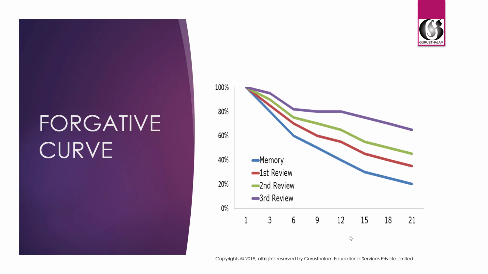This shows us how fast we forget information if we don't repeat it. I made up the numbers just to give you an impression of how your memory works. If you learn something and don't repeat it, after 21 days you will remember 20% of what you learned on day 1.